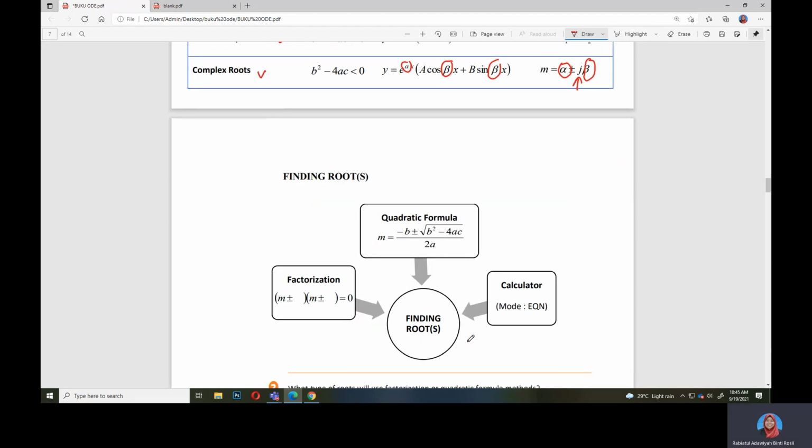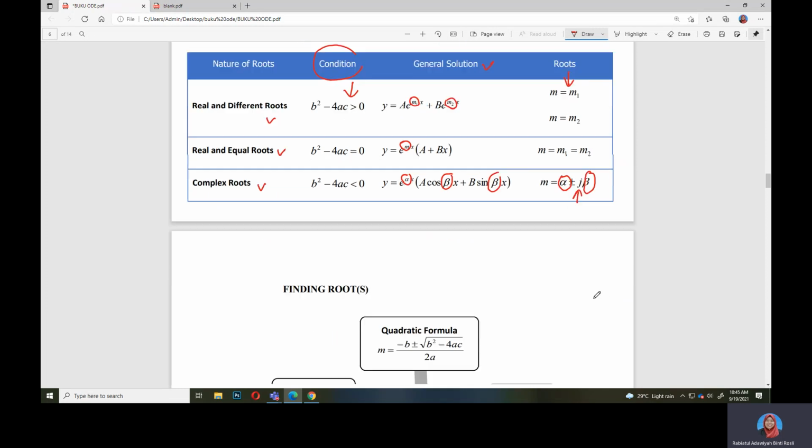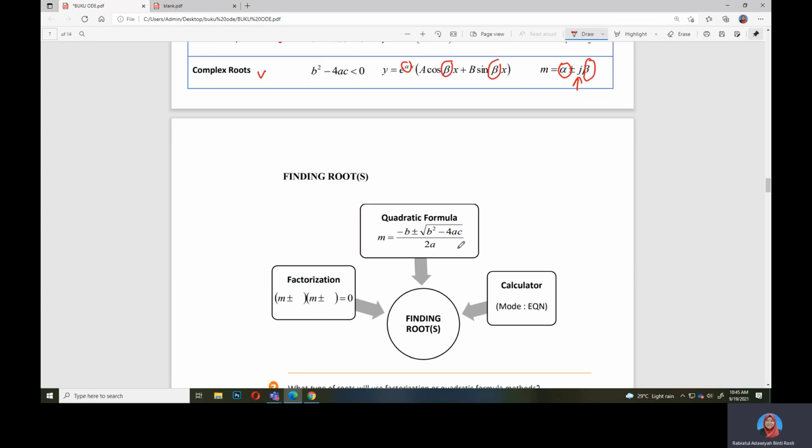So how to find a root? We have to know how to find a root because we want to know the value of m1, m2, m, alpha, and beta.